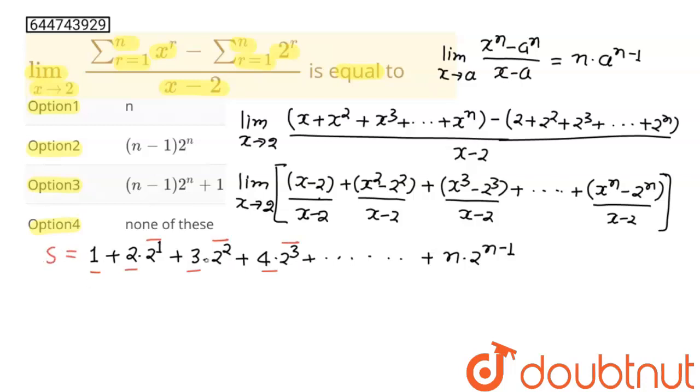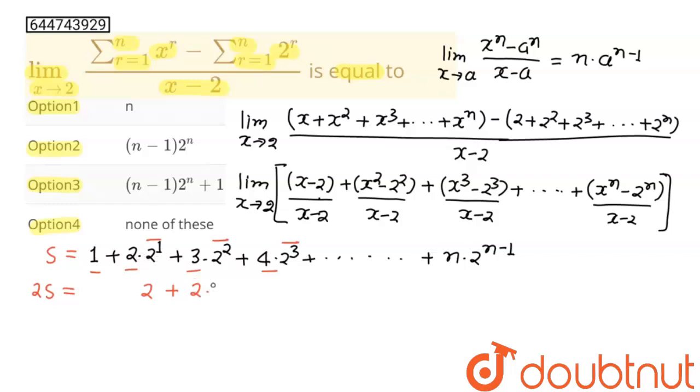Okay, now I'll multiply both sides by 2, so you'll get 2S is equal to: 1 multiplied by 2 will get 2, and we'll write 2 over here, plus this will get multiplied by 2, and this will come 2 into 2 square.